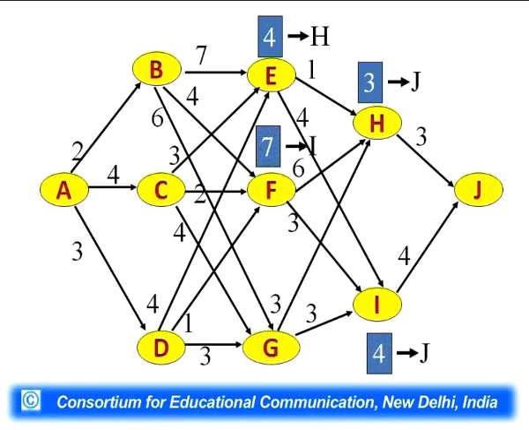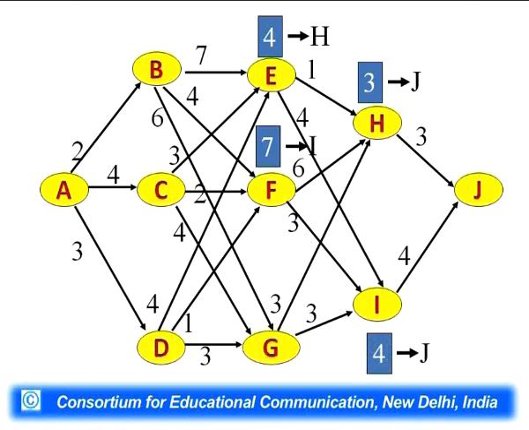For reaching F, we have to see from where we are coming. F we are coming from I, which is 3 kilometers only. At the bottom, F to I the distance is 3 kilometers and till I it is 4 kilometers. 4 plus 3 is 7, that is why we have written 7.